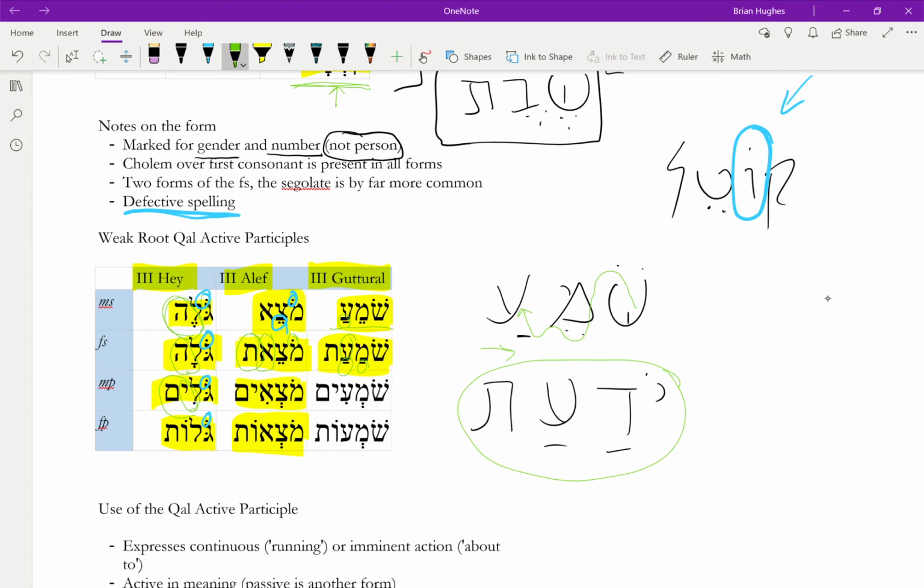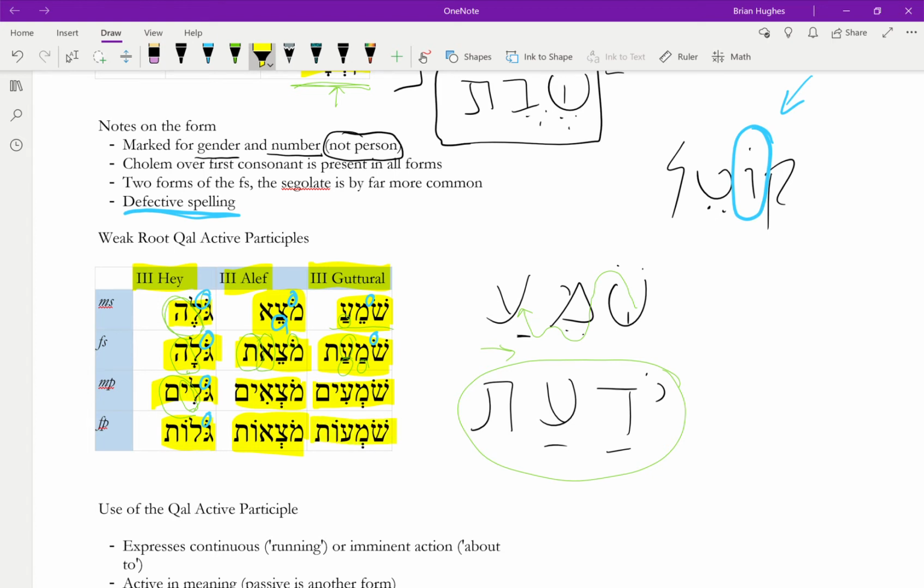So again, we have a third guttural there, and so it forces the double patachs on us. Still, we have our holem that's helping us out to spot it as an active participle. Shomaim is the same as the strong form, and shomaot, same as the strong form. So those are the only differences.